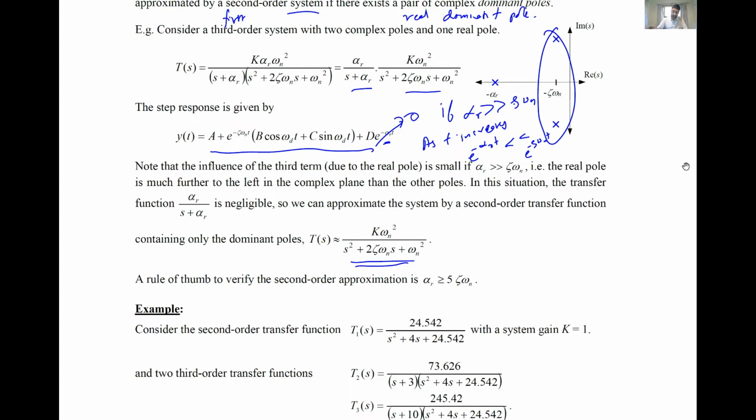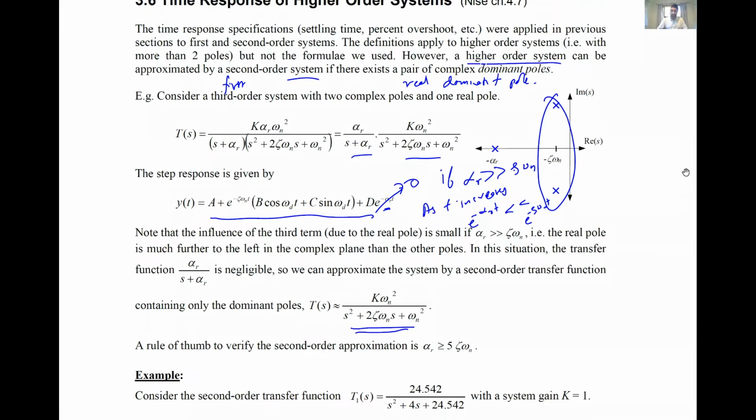Notice over here that both this transfer function T(s), as well as the approximated transfer function, as well as the original transfer function, have a gain of 1. The way the gain of 1 is chosen is that the system gain is K over here. So if you look at the transfer function, we have basically a second order term. This has a system gain of 1. Similarly, the first order term that we have chosen is also having a system gain of 1.